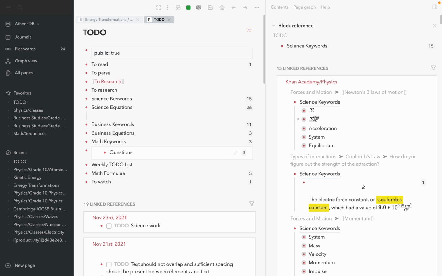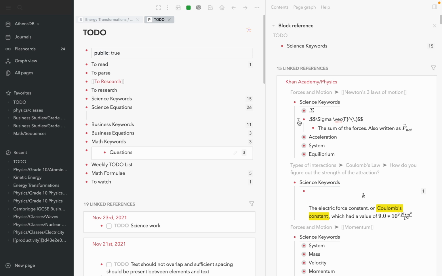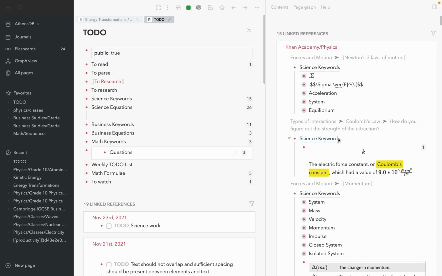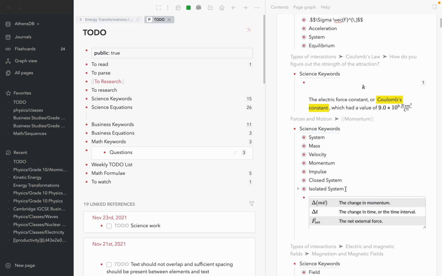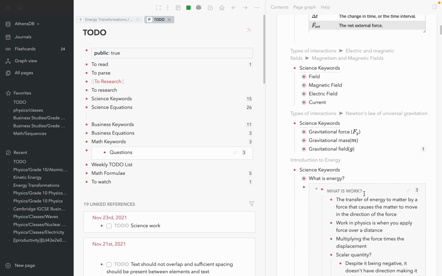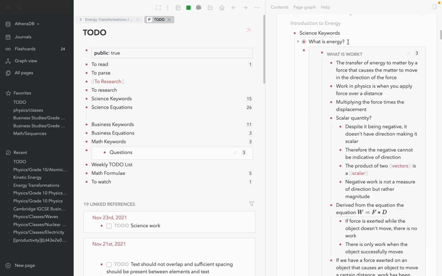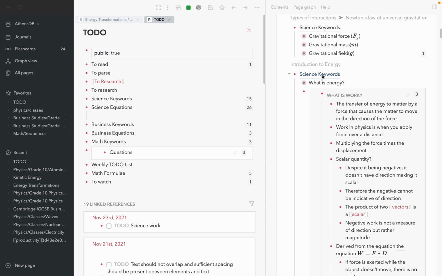All this stuff is just sum of force. And I've used LaTeX here, which is a way to render equations in Logseq. You can see I'm showing Coulomb's constant and a bunch of terms here, and all these are embedded into this science keywords page.